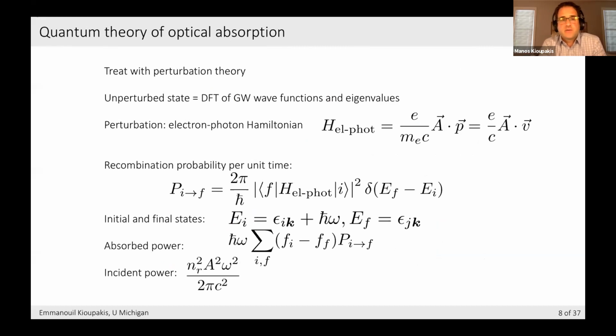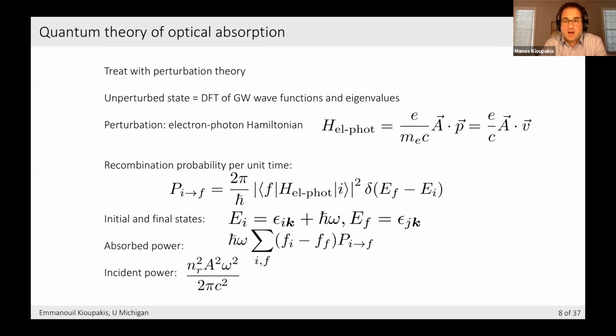All right, so let's start first with how we describe optical absorption, or again, direct optical absorption in the linear regime. The way we do this is we treat the electron-photon interaction as a perturbation. So our unperturbed state is the DFT wave functions, whether you choose to correct them with GW or not, and the eigenvalues.